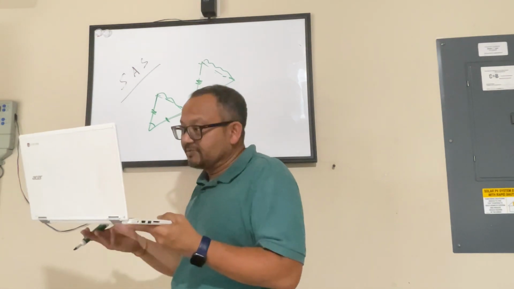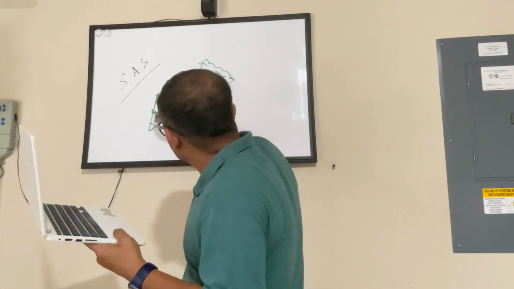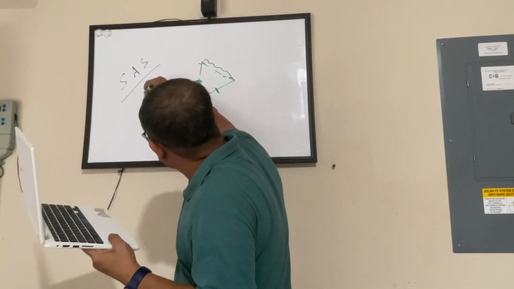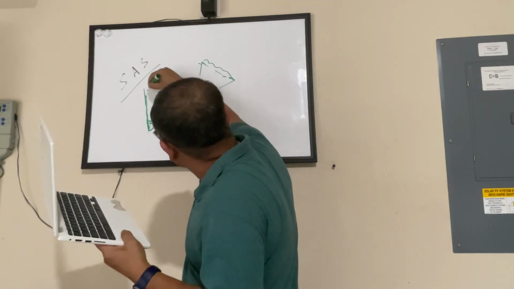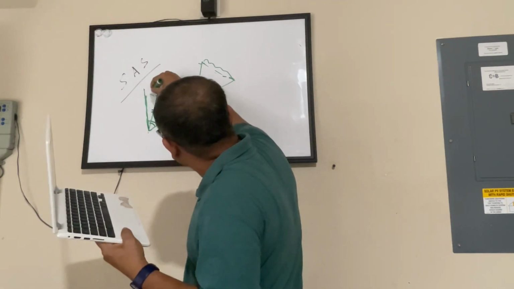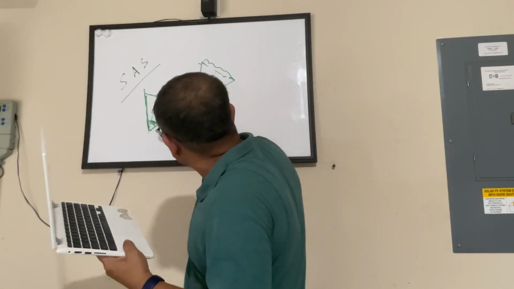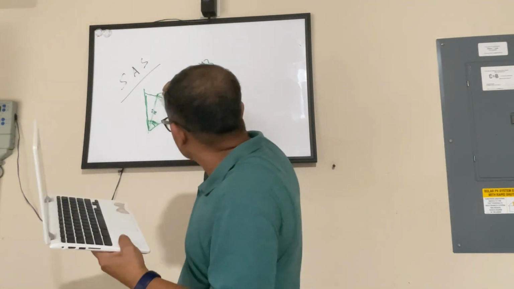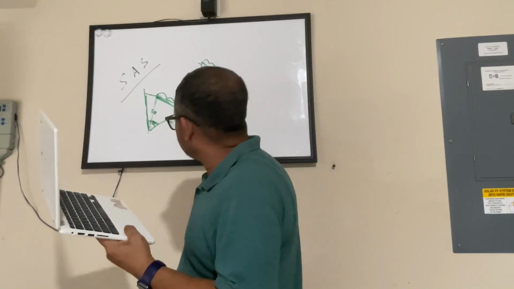Because if the angle is different, this will be farther and this line will be different. But the angle is the same, meaning they cannot go far, and these two sides are the same, so the distance between these two will be the same.